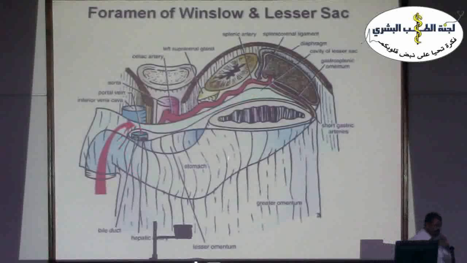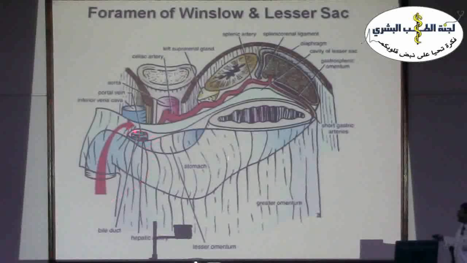Now, the foramen of Winslow is very important because of so many vital structures around it. So if you look anteriorly to the foramen of Winslow, you will see something we call the portal triad. What is the portal triad? Triad, three structures going portal to the liver, okay? The portal triad includes the portal vein, the hepatic artery, and the bile duct.